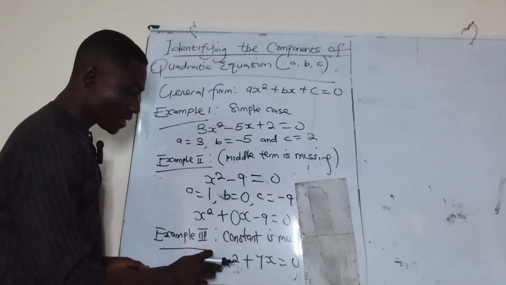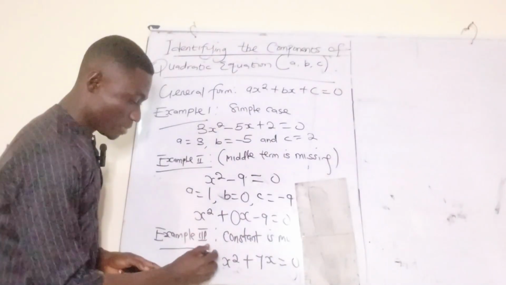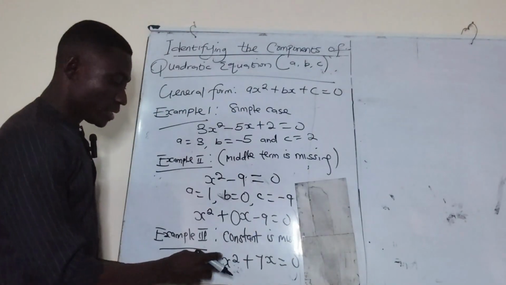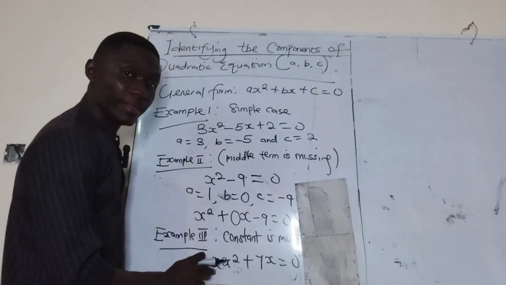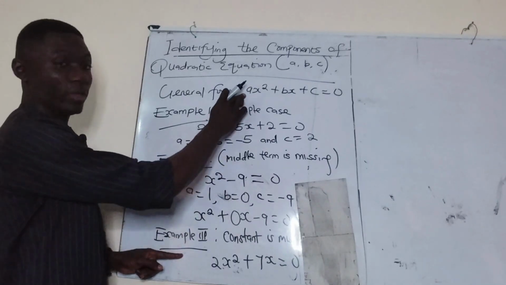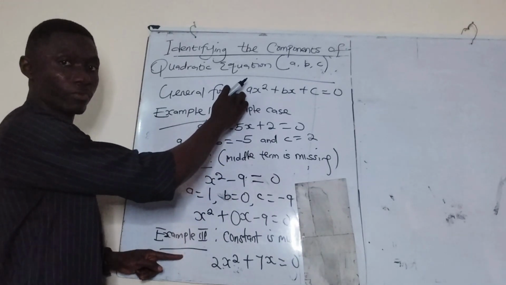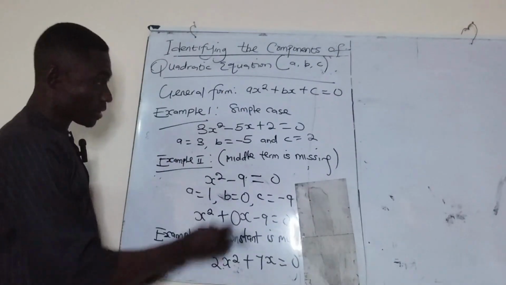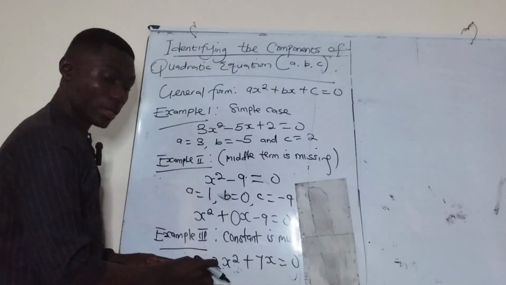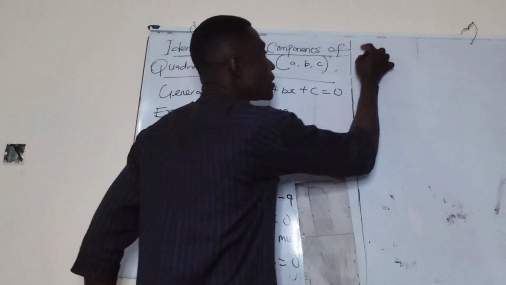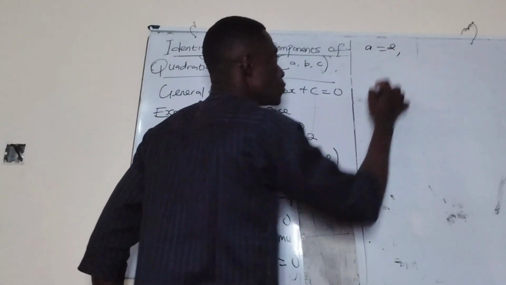Now it is clear that here our A, if we're comparing with the general form again, everything we make reference to the general form, so here our A is 2.